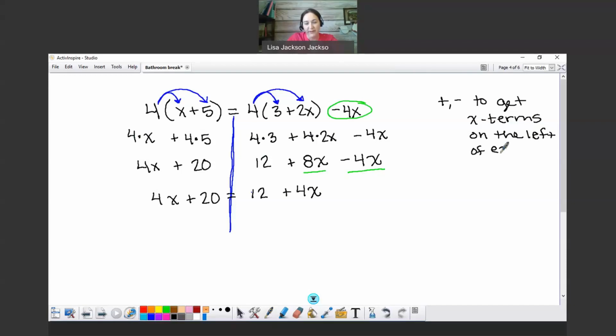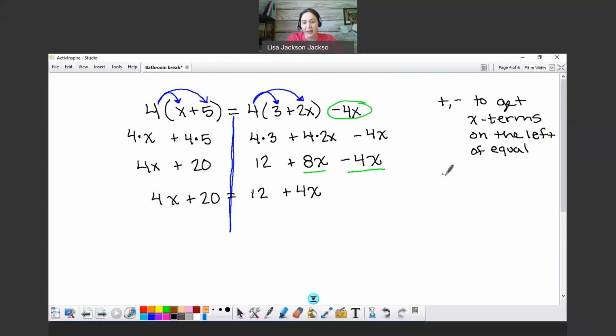And the reason I recommend getting them on the left is when you move to inequalities, if you're solving so your variable's on the left, that inequality arrow will point to the direction that you need to shade on your number line. If you solve the other way around, you'll have to flip things in your head, which can cause some complications.